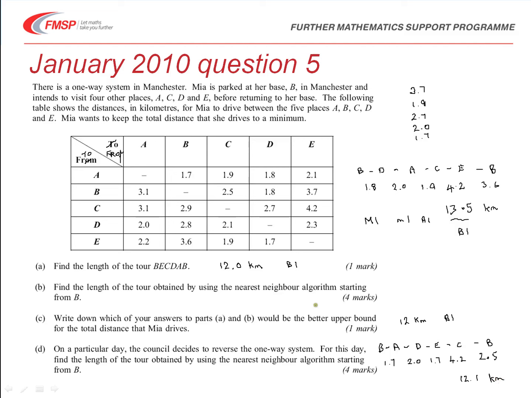And again, as in part B, there will be 4 marks there for demonstrating the correct method. Having B at the beginning and the end and all the vertices visited would give you a mark. Having them all in the correct order gives you a mark. And then to finish off, stating the correct value, the 12.1 kilometres, would give you a mark.